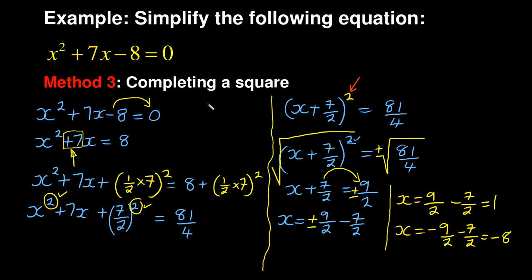Now you can always check all of these individual methods in my 24-minute lesson where I cover them in detail. I cover in detail the completing of a square, the quadratic formula use, even how it is derived, and the product sum method. Check them out on my 24-minute lesson.